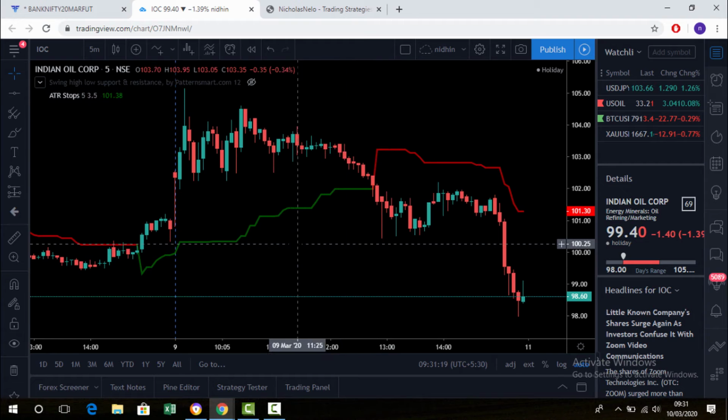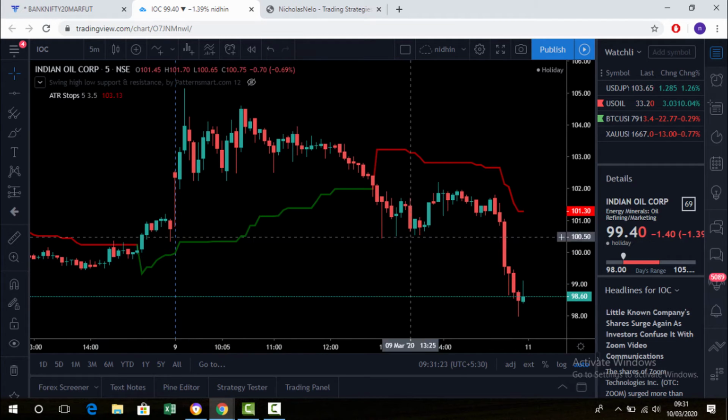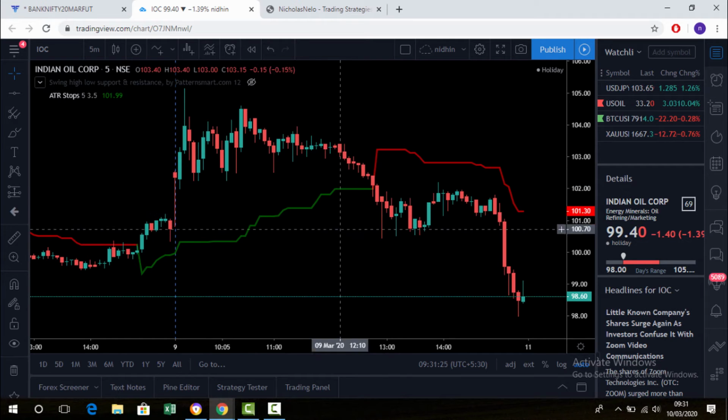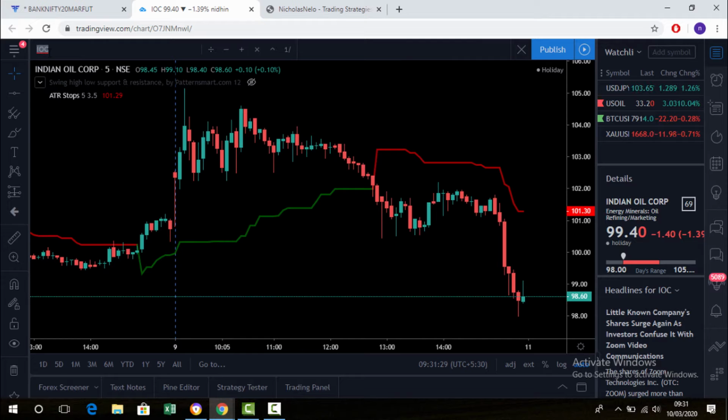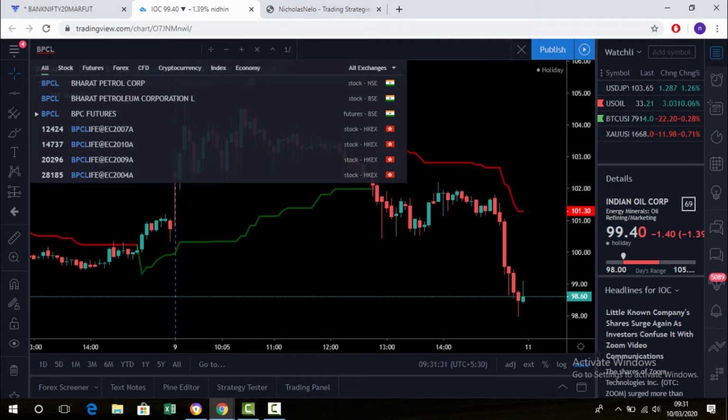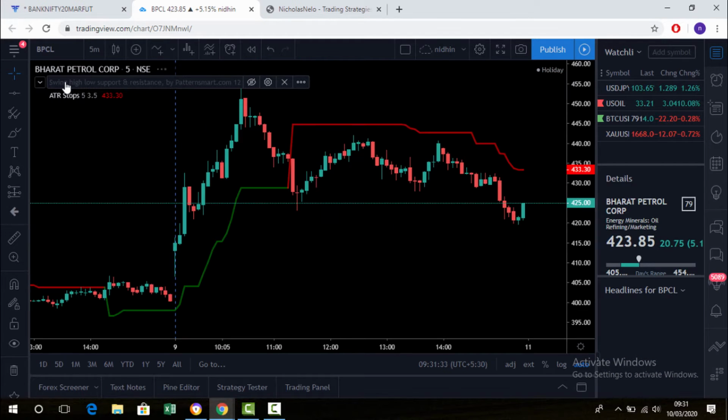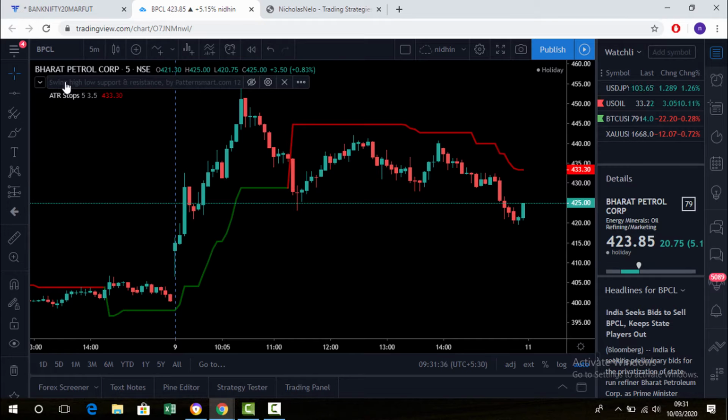Today I'm going to explain how to trade with this ATR. This is not a super trend, this is an ATR value. First I'm starting with BPCL, for example, because this share showed a good performance yesterday.